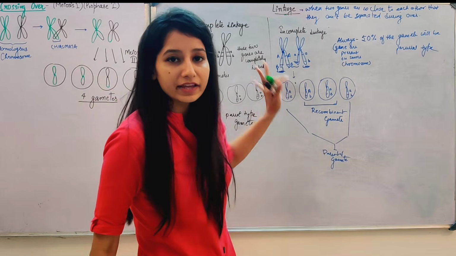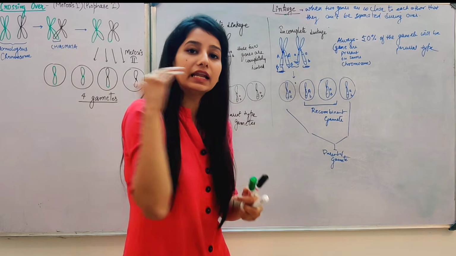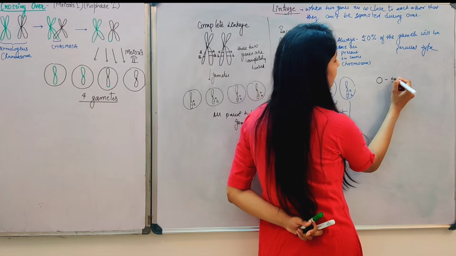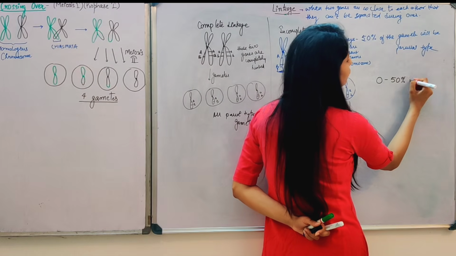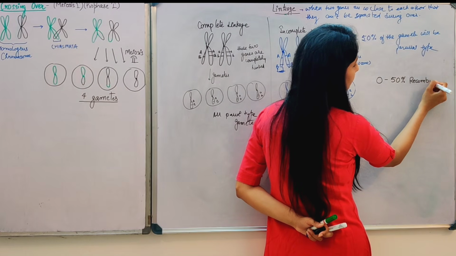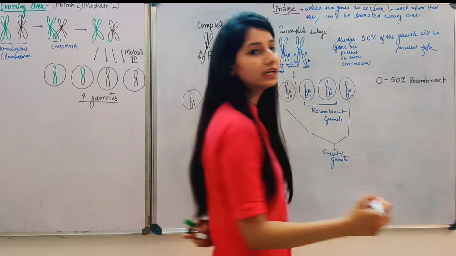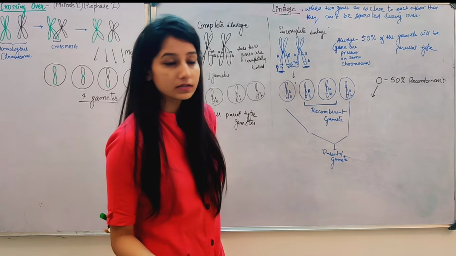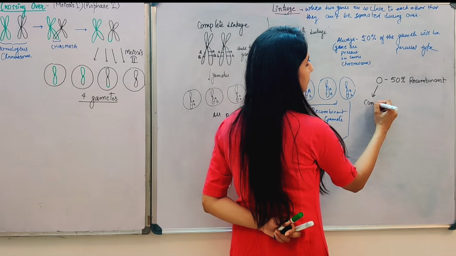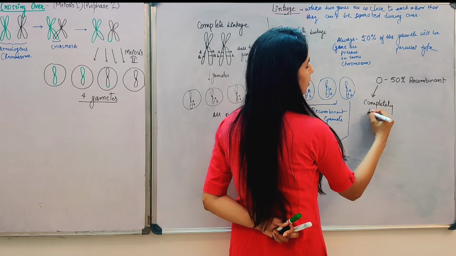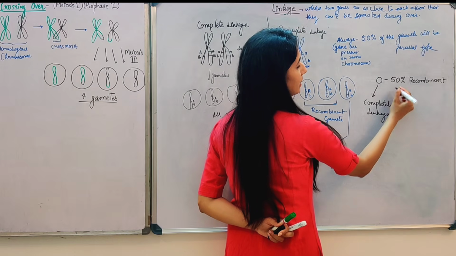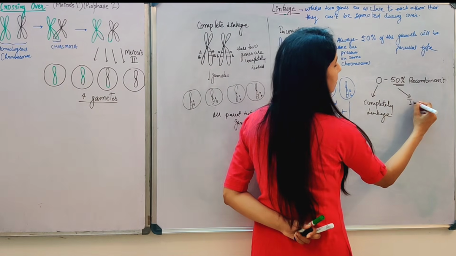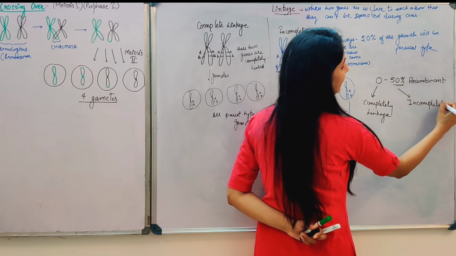If it's complete linkage, it will be parental. If it's incomplete linkage, it will be recombinant. So I can say that recombinants can range from 0 to 50%. If the gametes are 0% recombinant, that means the genes are completely linked. And if 50% recombinant gametes are formed, that means they are incompletely linked.